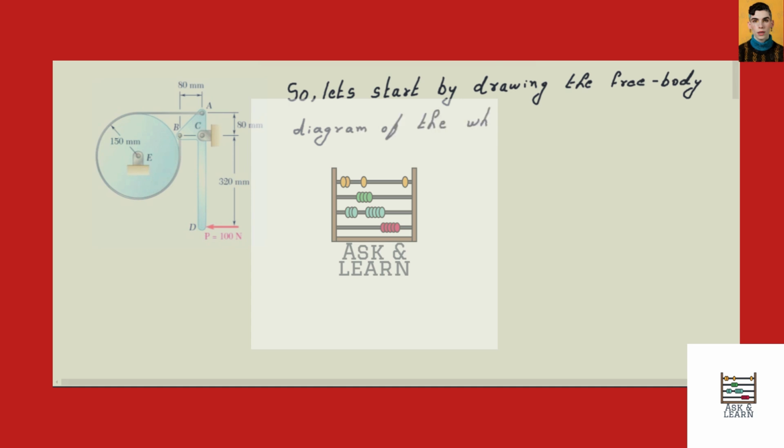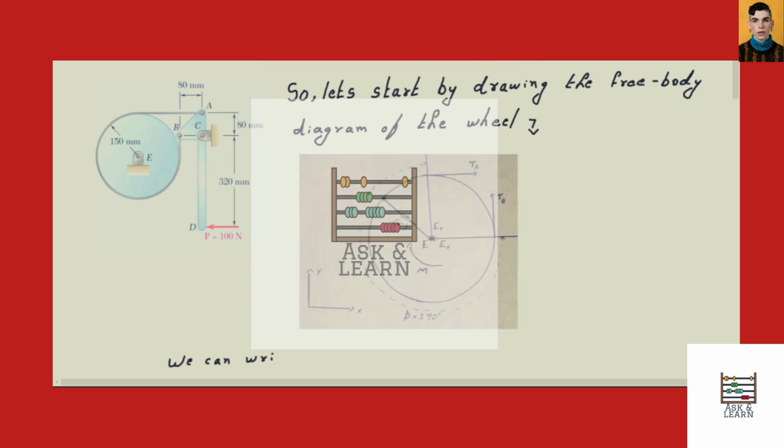Let's start by drawing the free body diagram of the wheel. This looks like the free body diagram of the wheel, where M is the moment, E is the center point, and the radius is given in the question itself. It's 150 mm, and we resolve the center point E along the x-axis as Ex and along the y-axis as Ey.